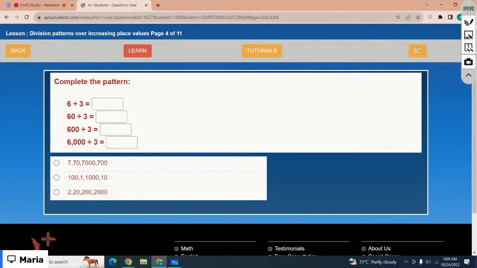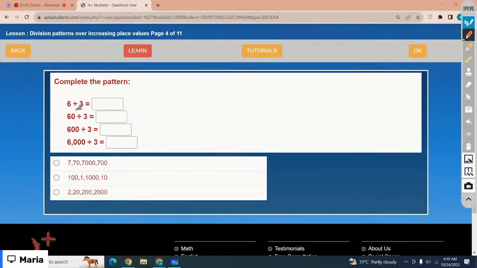So which is the correct option? 3 times 2 equals 6, so that would be 2.